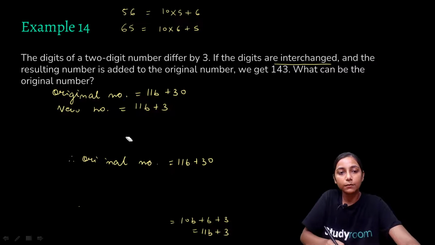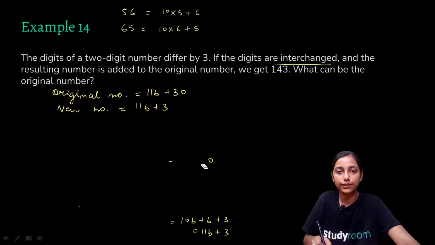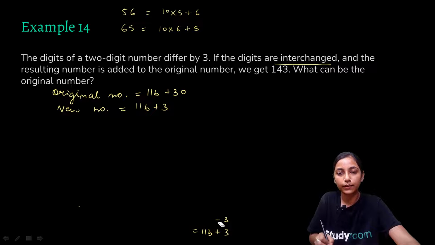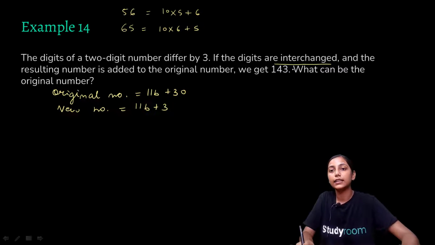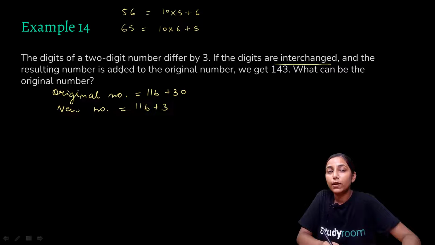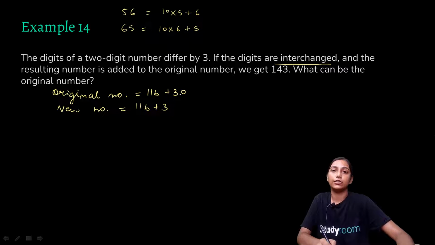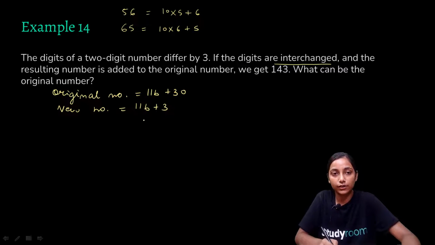Now what does the other part of this example say? Just read it once. The second part of this question says that the resulting number when added to the original number, that is when the new number is added to the original number, we get 143. What can be the original number? Finally, we need to find the original number.